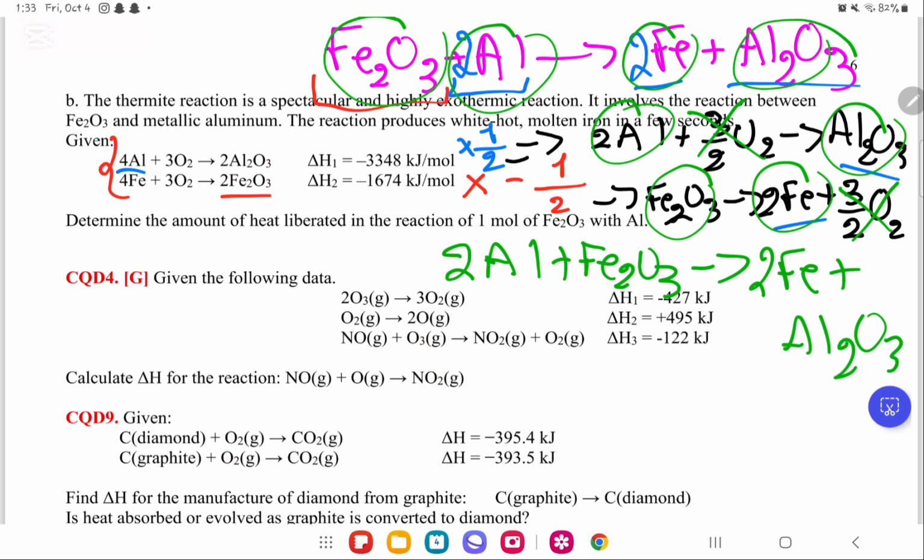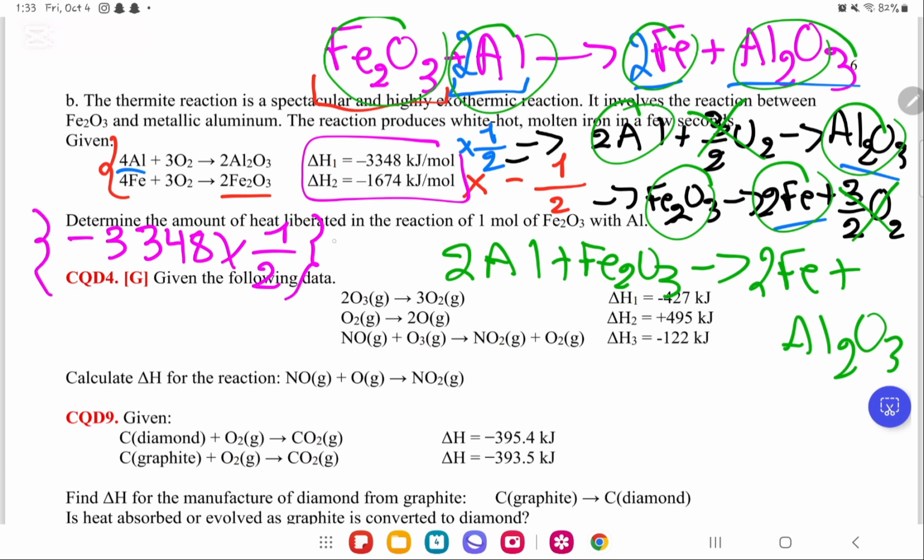Now this isn't the point of the solving. The point of the solving is to get the delta H. So how do we get the delta H? We do delta H1, which is negative 3348 times 1 over 2, okay? And we're gonna add it to delta H2, which was minus 1674 times minus 1 over 2.